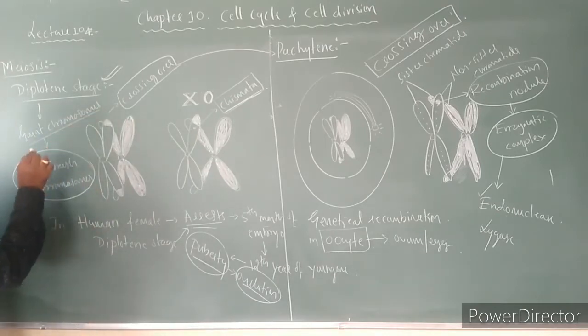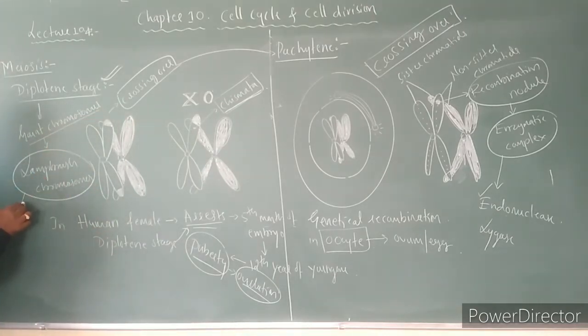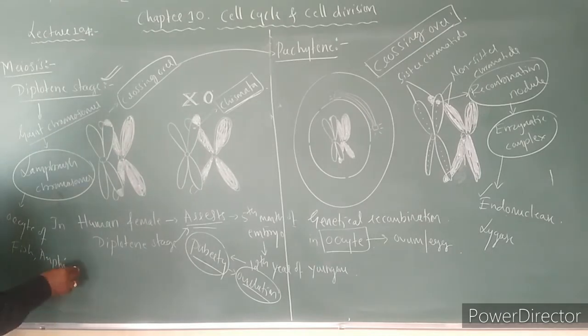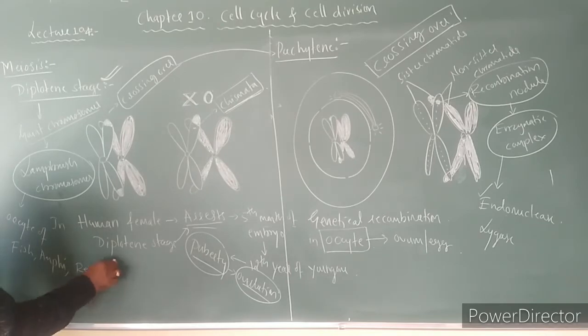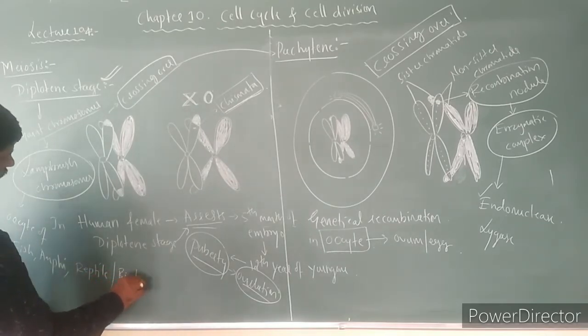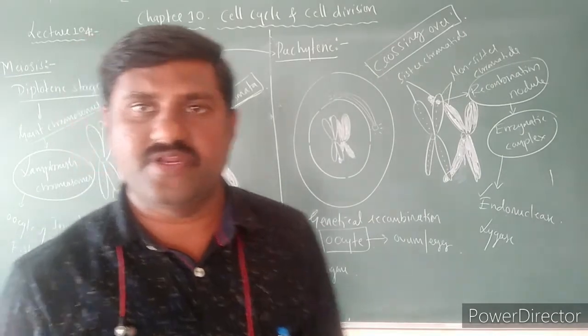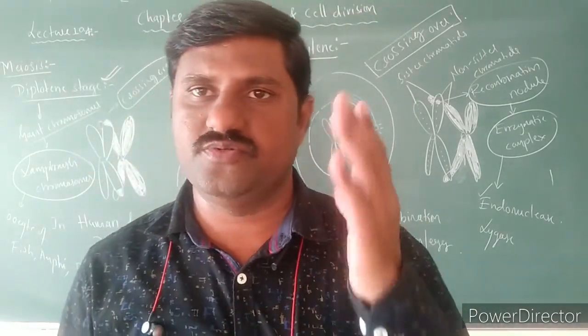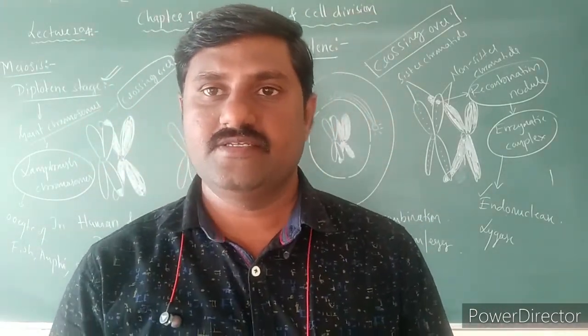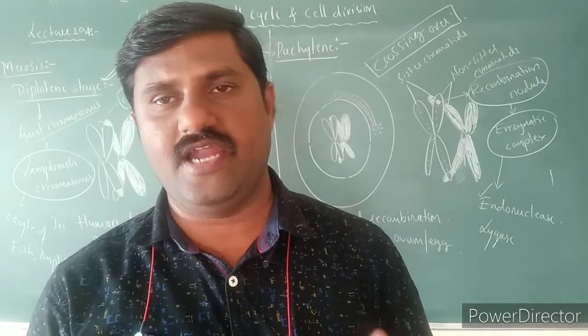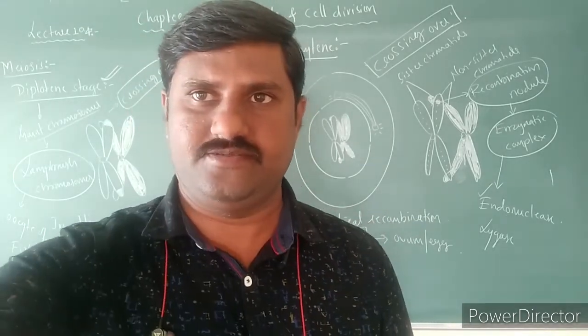Giant or lampbrush chromosomes are formed in the oocytes of some lower organisms like fish, amphibians, as well as reptiles, and sometimes birds. There the lampbrush chromosomes or giant chromosomes are usually found. So this is about the diplotene stage, and the last stage is diakinesis.